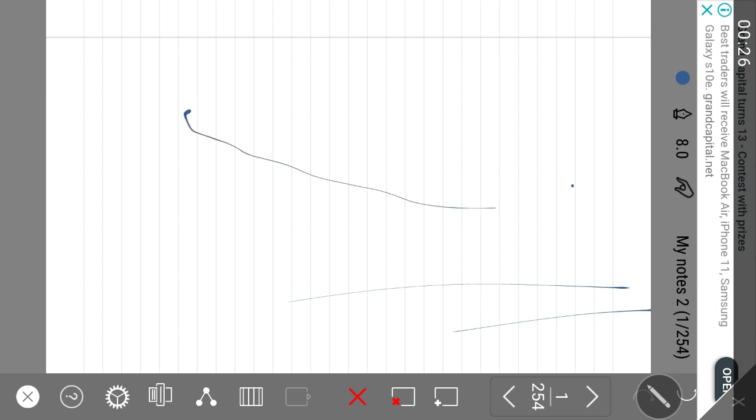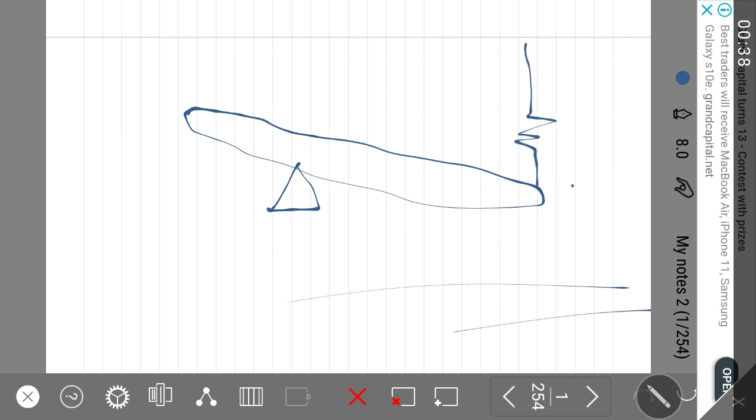It's a rod like this. So a uniform rod of mass 6 kg is attached to a spring of constant 700 Newton per meter.